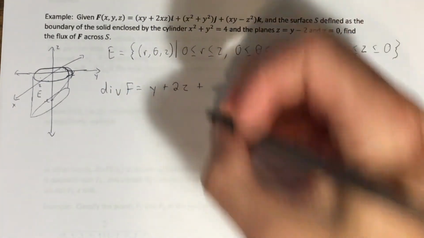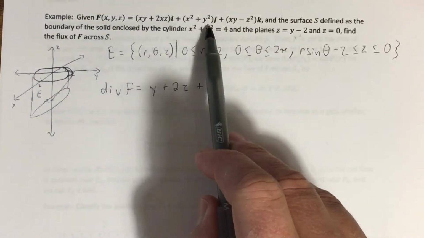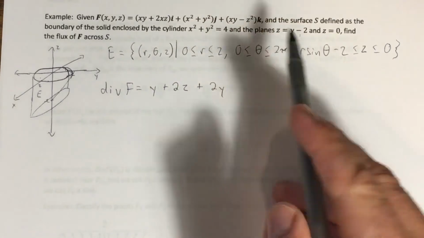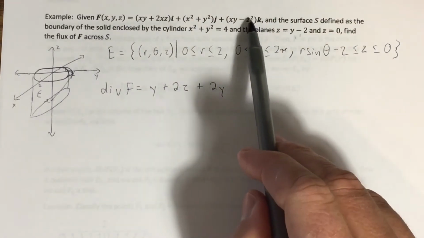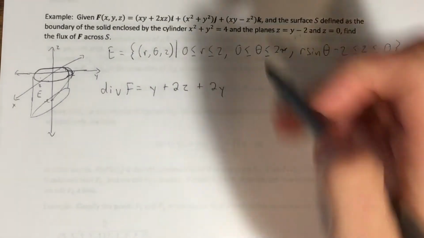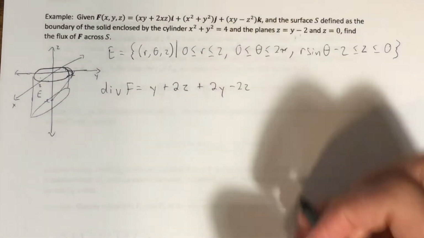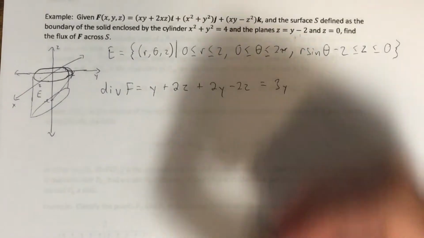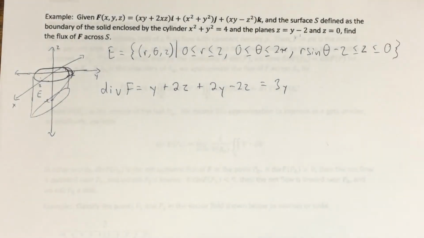Plus, differentiate with respect to y here. That goes to 0, and then I get a 2y right there. Differentiate with respect to z. I get negative 2z. That whole thing goes to 0. So minus 2z. 2z and minus 2z cancel out. y plus 2y is 3y. My integrand became massively simpler looking.